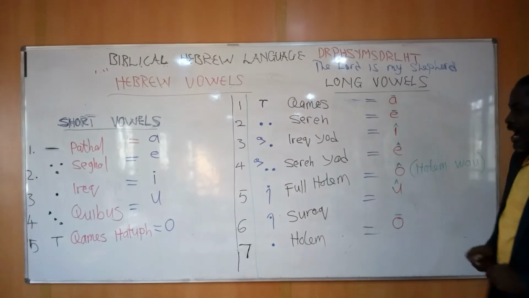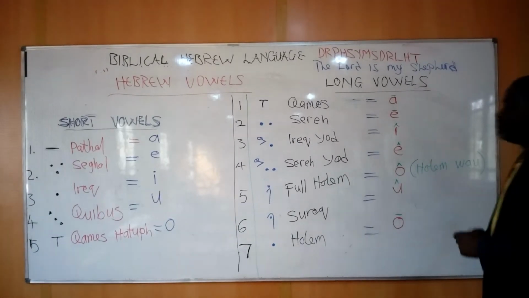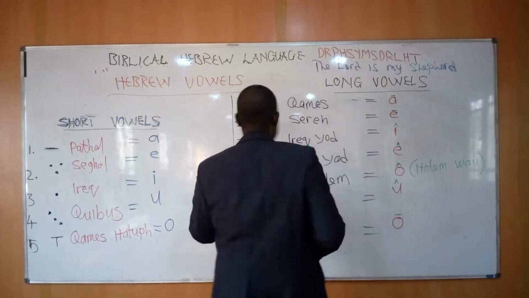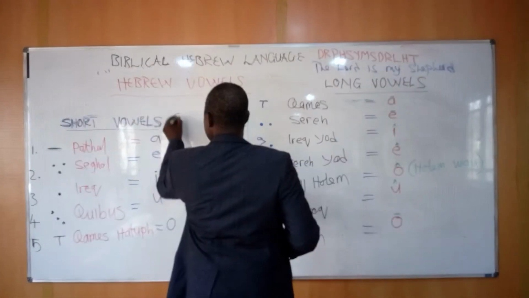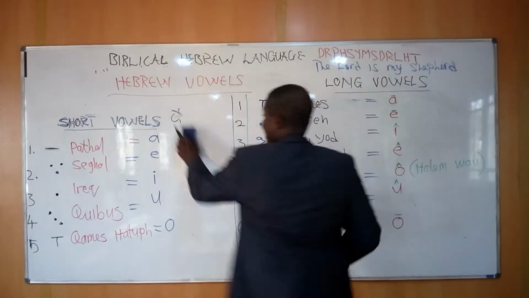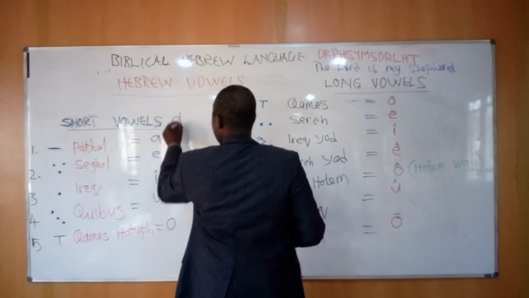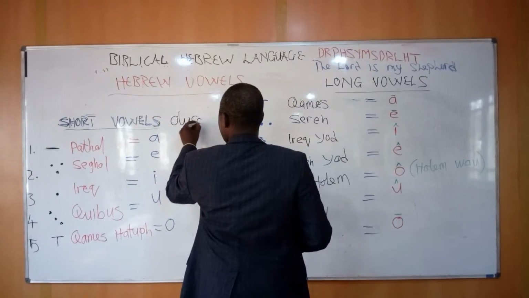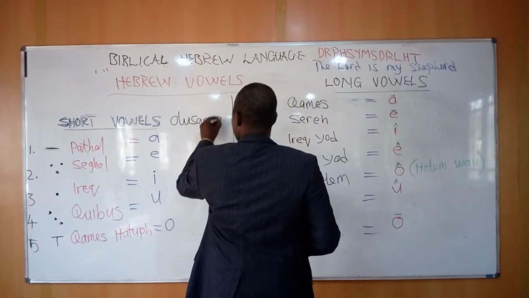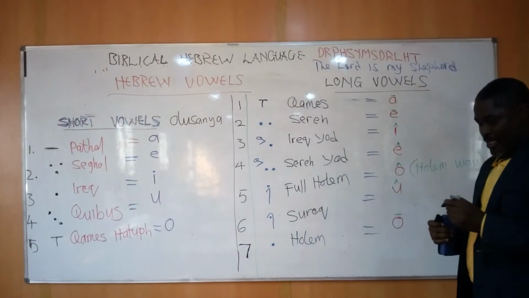Now, I want us to do something. For example, let me write my name. This is my name in English lettering, or Yoruba, as the case may be. You have Olusonya. How do we write this in Hebrew?